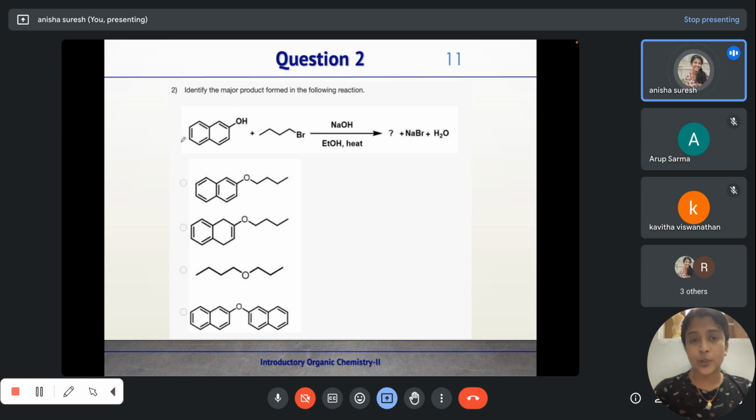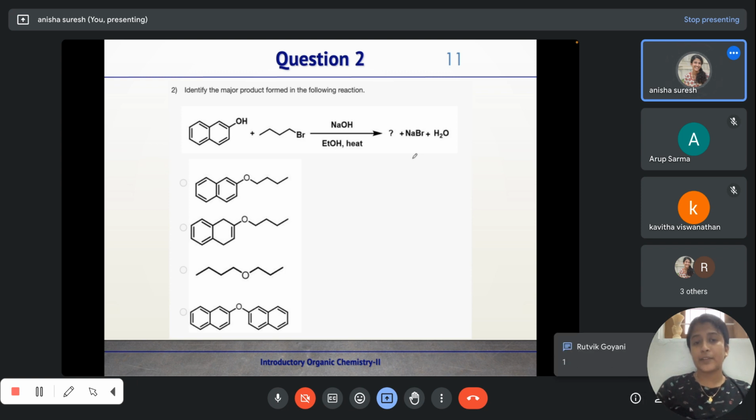Here an alcohol is given and n-butyl bromide is given. It is treated with NaOH in the presence of ethanol and heated. So it will result in the formation of some product plus NaBr plus water. So what will be the likely product formed in this reaction?